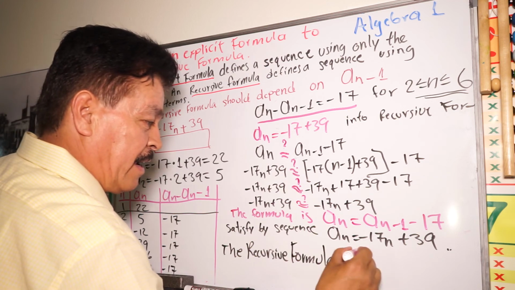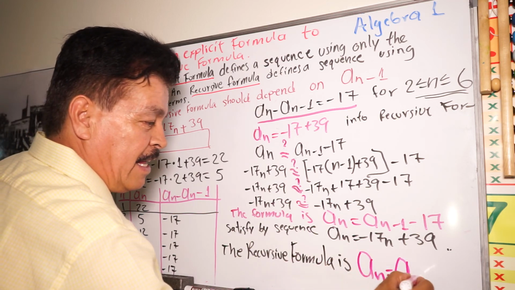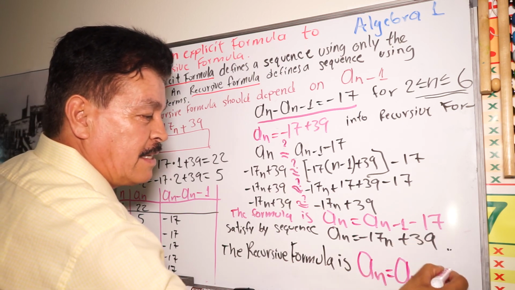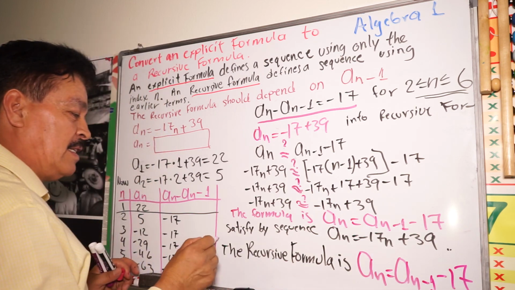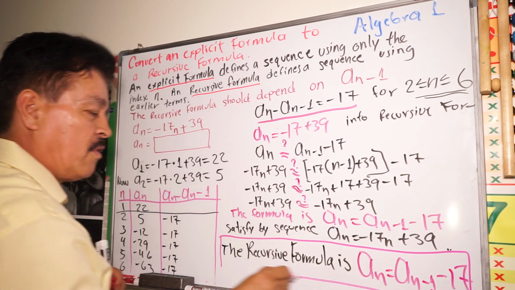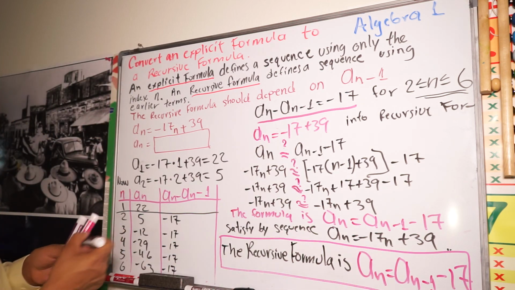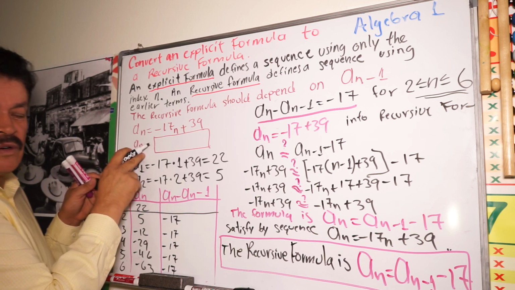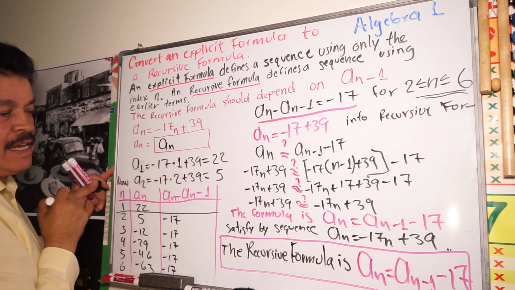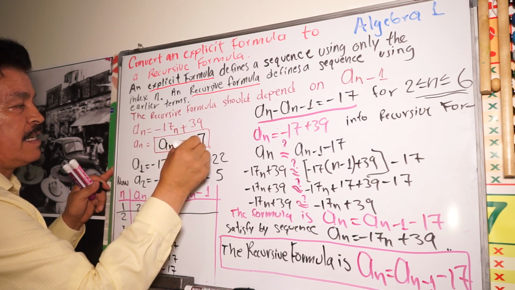So a_n equals a_(n-1) minus 70, right? This is the recursive formula. Right there you have the answer. So here, just write it, because we are looking for the recursive formula. The recursive formula is going to be a_n equals a_(n-1) minus 70.